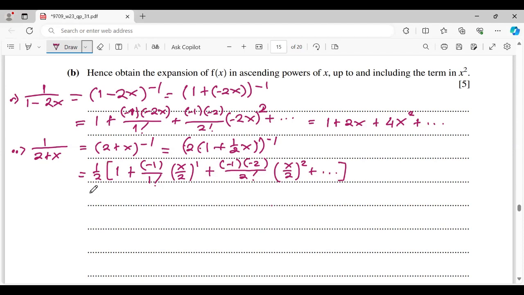And the next is, oh yeah, it becomes half times 1 minus half x and then plus half x squared.